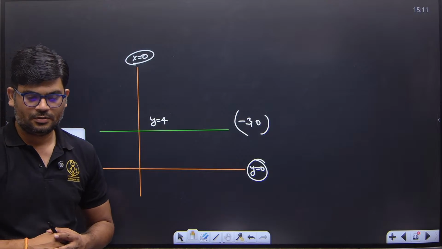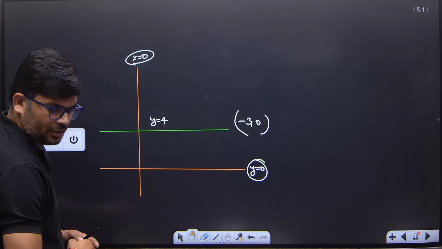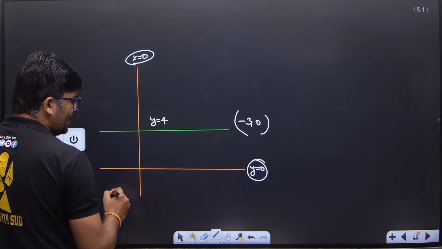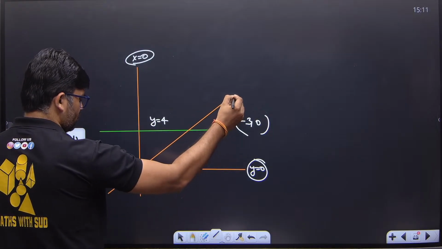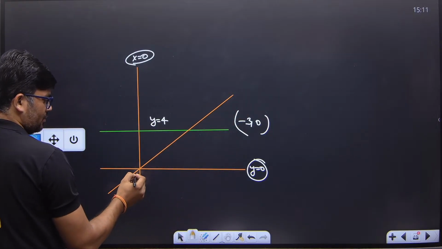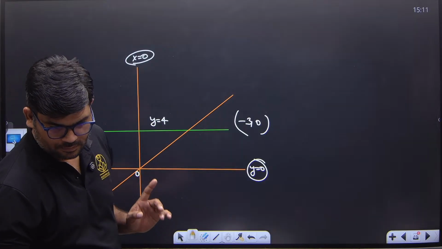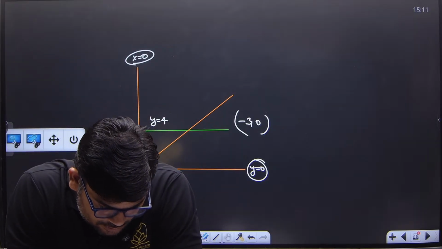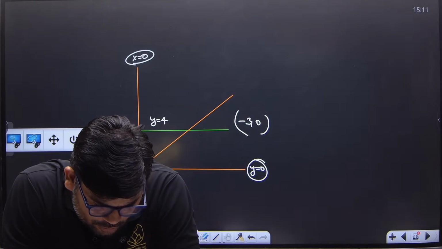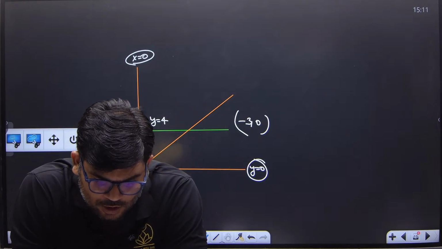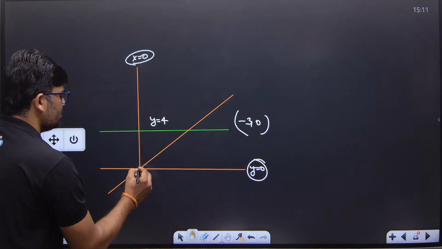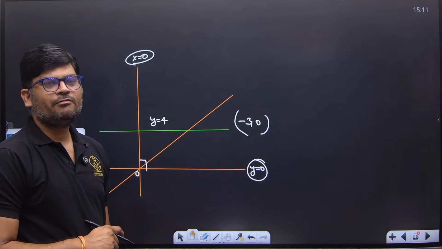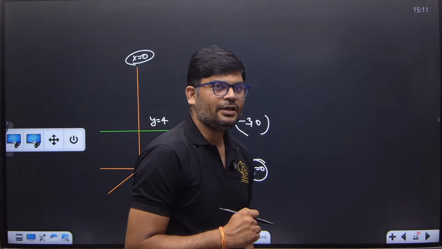Now they have asked us about a line which is bisecting the angle O, this angle. If L2 is the bisector of angle O, so angle O is how much? 90 degrees. The bisector of this angle will be how much? 45 degrees.